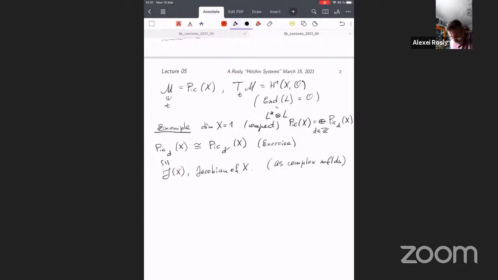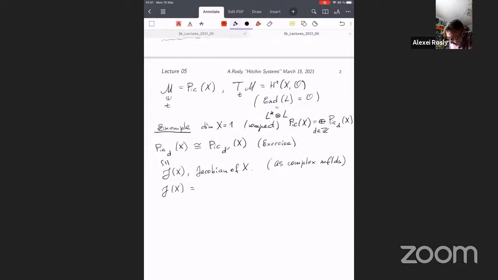Okay. Now, as you know, the Jacobian is defined as a torus, which is an affine space modulo a lattice.